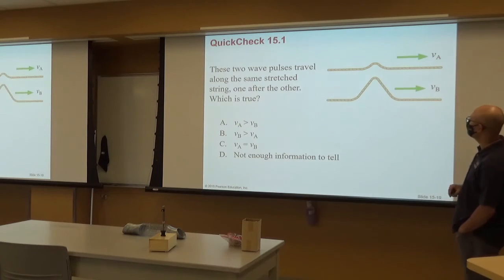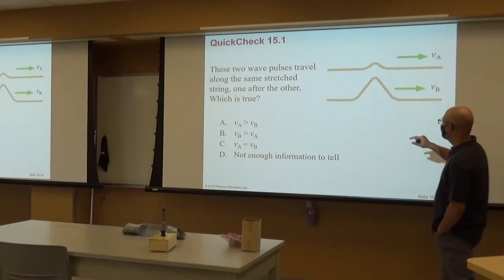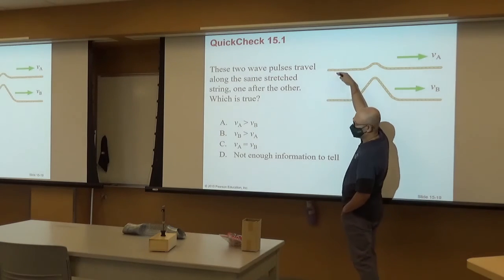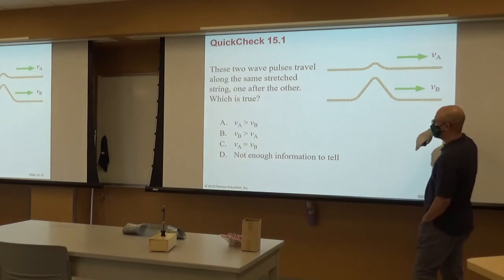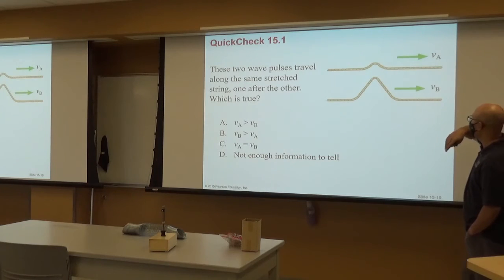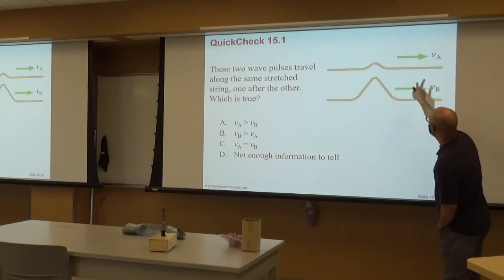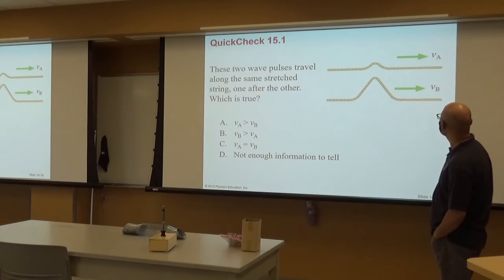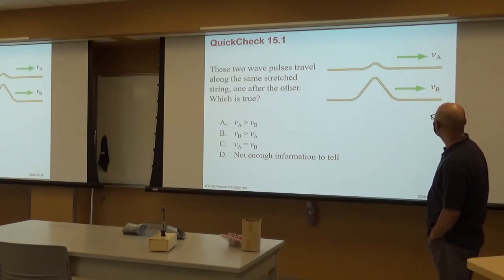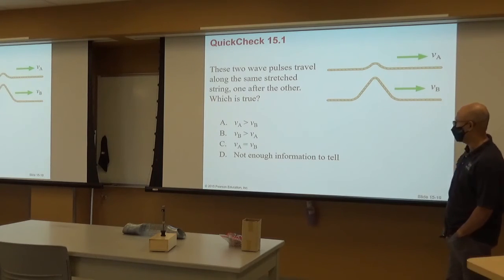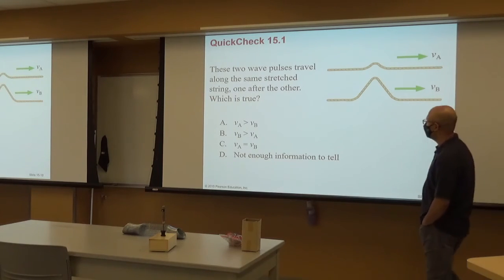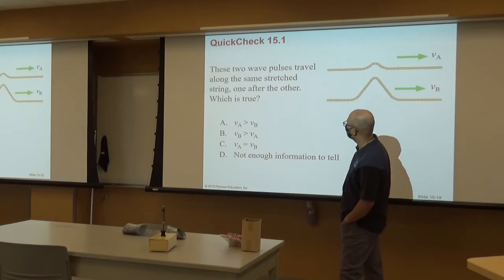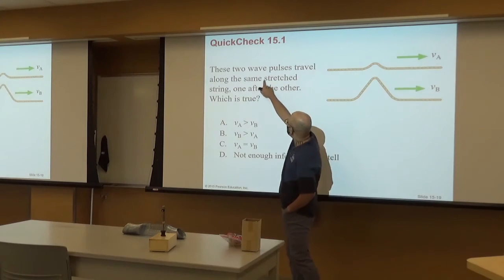Okay, so let's see this question. You have two media of same thickness, and you have two waves. Which speed would be higher? C? C, right? That's right. Because the thickness is the same, and the tension is also the same.